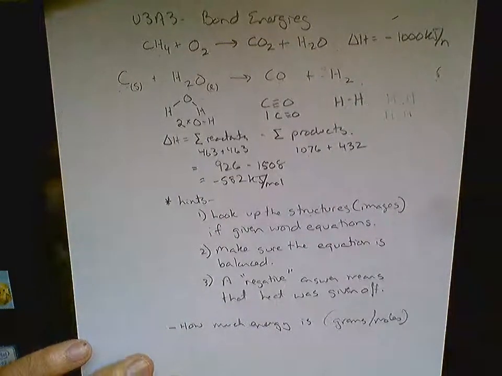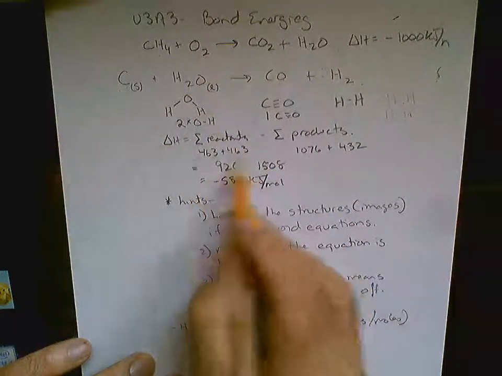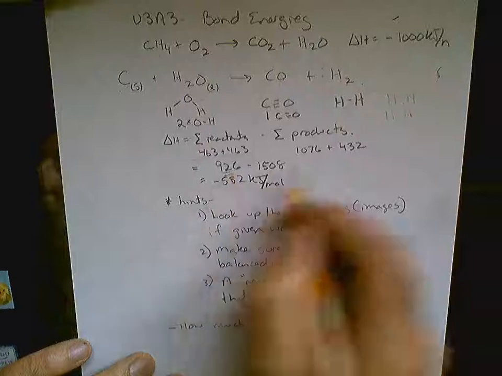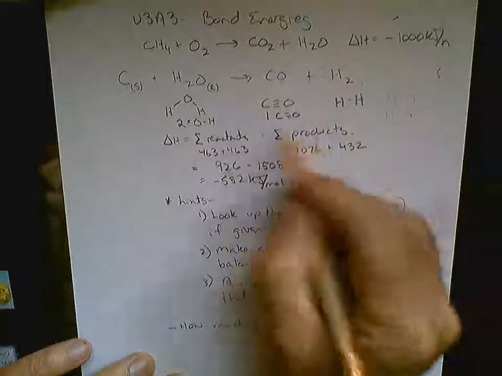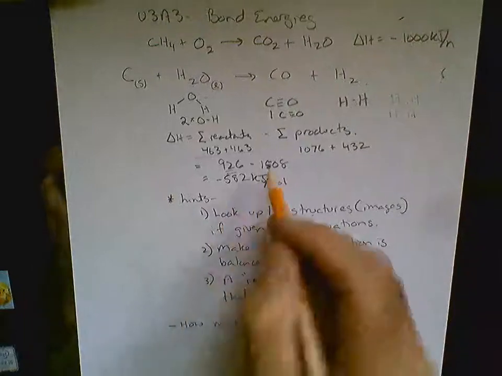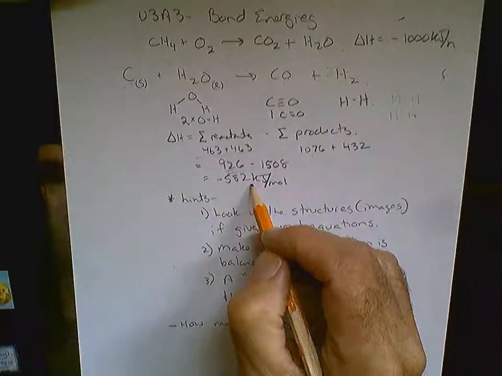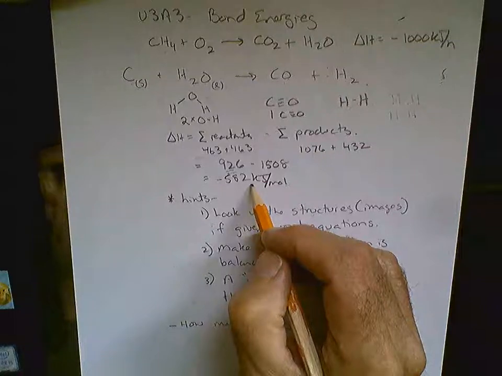The whole formula here is to add up all the reactant bonds on one side, that's 926, add up all of the product bonds and subtract. So you're going to get 926 minus 1508 is negative 582 kilojoules per mole.